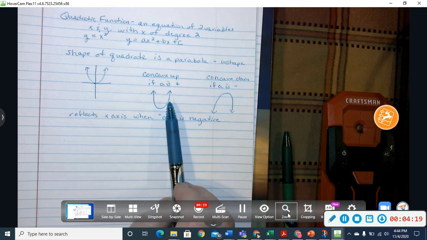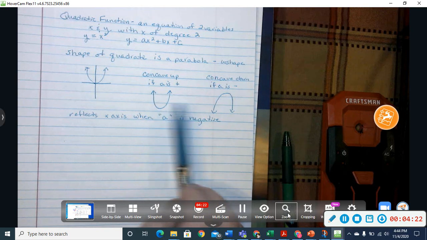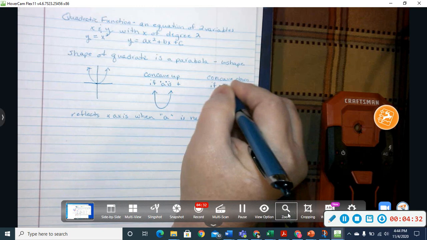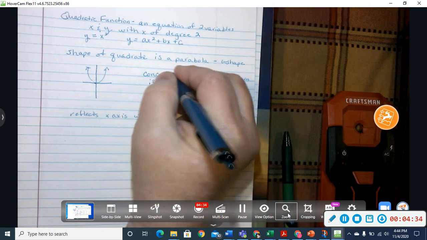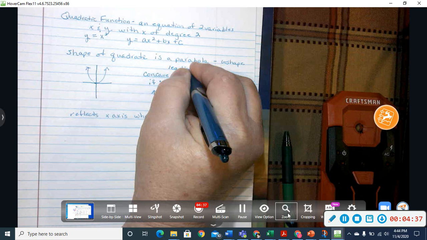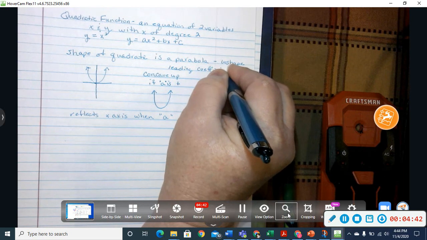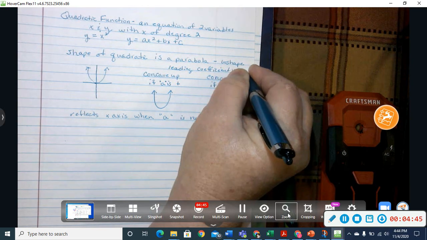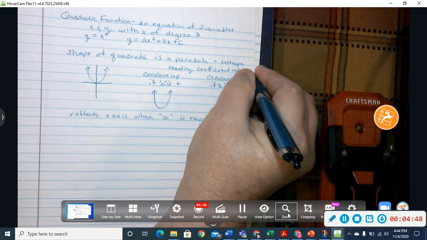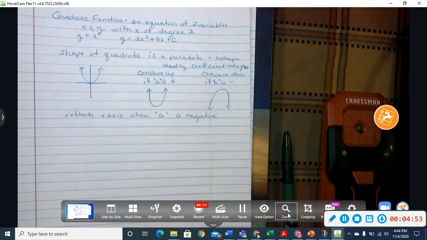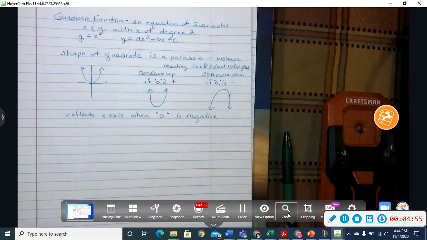So just whether the leading coefficient is positive or negative helps determine whether our parabola is opening up or opening down. So a is considered our leading coefficient value, and it is what determines whether our parabola opens up or down.